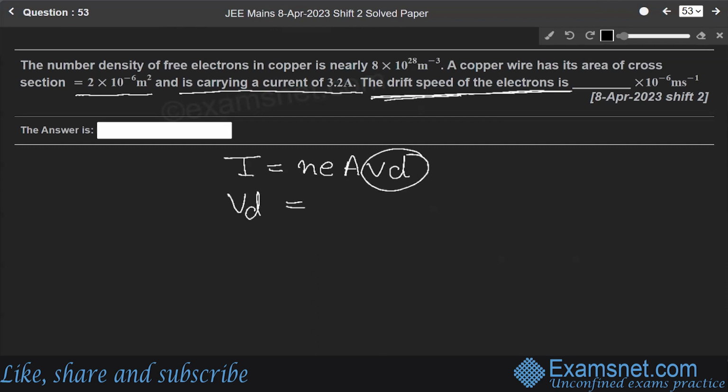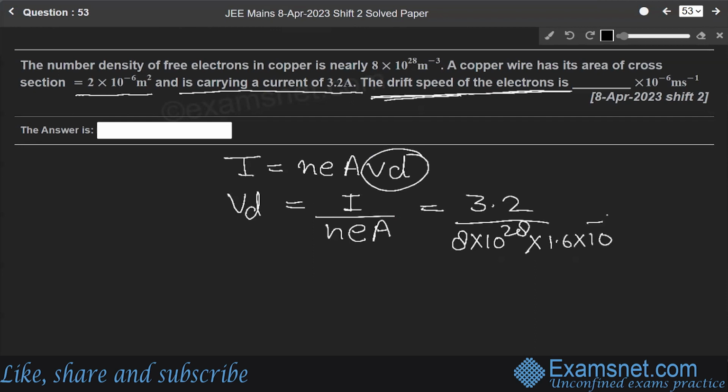So VD is equal to I over NeA. Current is given as 3.2 ampere, so 3.2 over N. N is 8 into 10 to the power 28, e is 1.6 into 10 to the power minus 19, and area is 2 into 10 to the power minus 6.